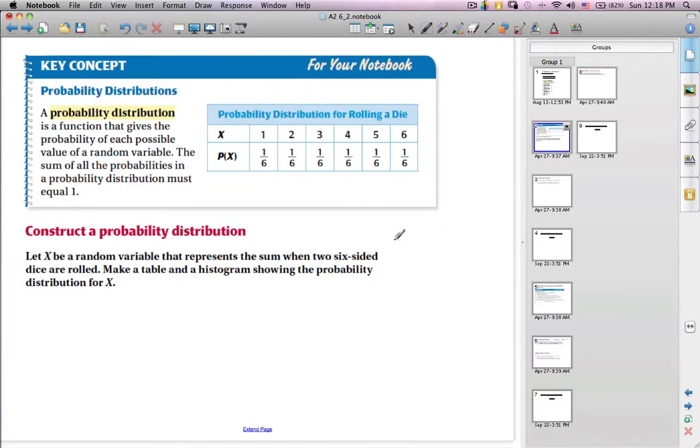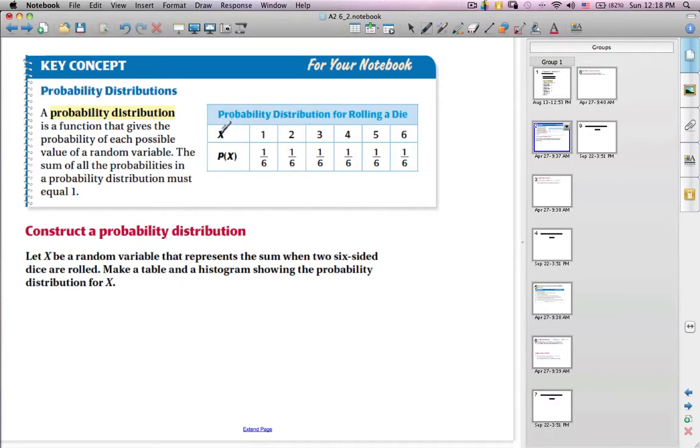So we're talking here now about a probability distribution, and the probability distribution is the probability of any likely thing happening. So in this case, take a look at the idea of rolling an individual die. A die has 6 sides, and when you roll it, the probability of rolling any one particular number is 1 in 6. They're all just as likely to come up. So we have the probability of a random thing happening.